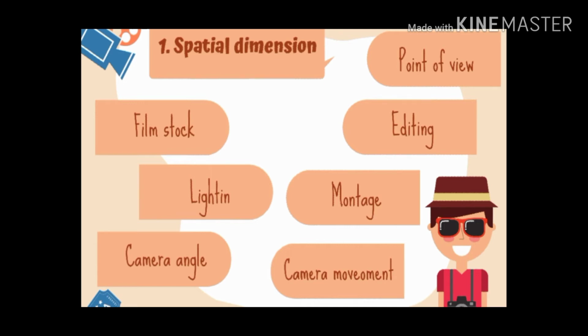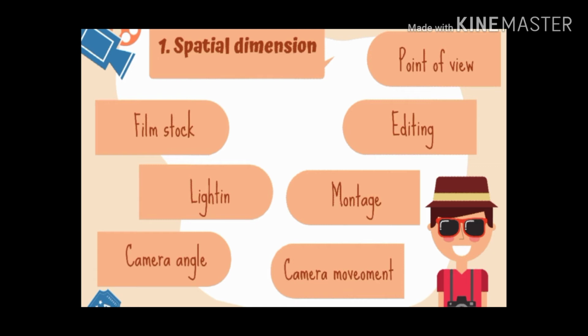The next is point of view. Point of view is the apparent distance or angle from which the camera views and records the subject. They also include the eye-level camera angle and the point of view shot. A high-angle shot, or HA, is a shot in which the camera is physically higher than the subject and is looking down upon the subject.